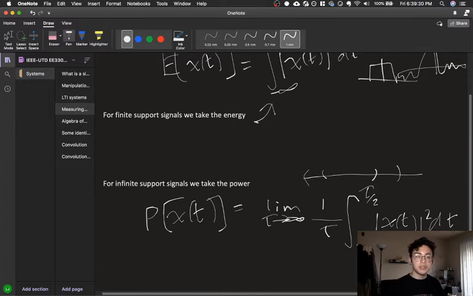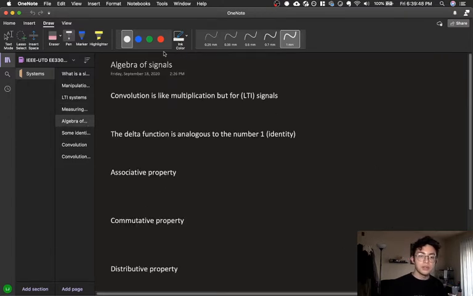We can measure signals, we can move them around, and we can manipulate them with systems. An LTI system is something that manipulates a signal, and we can determine the output entirely using the impulse response. I want to talk a bit about convolution.